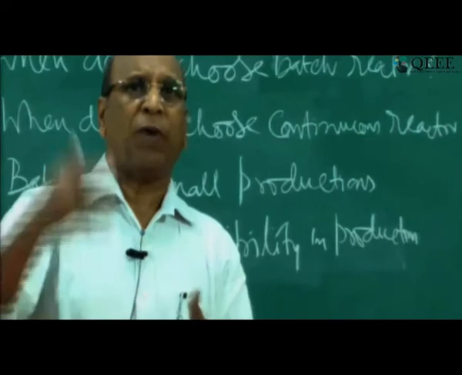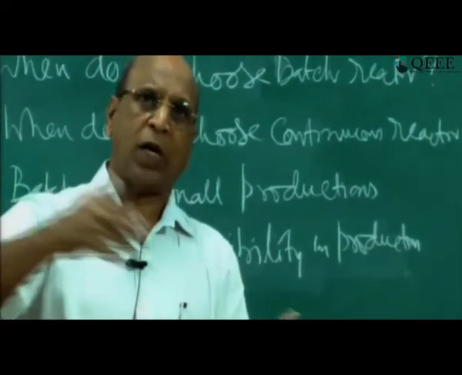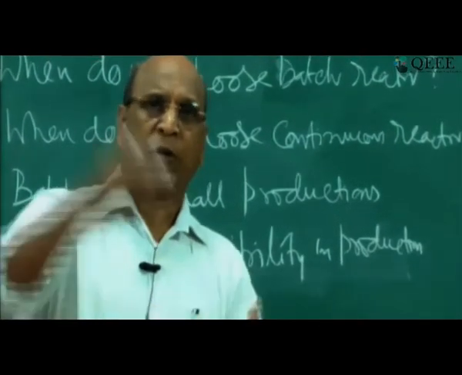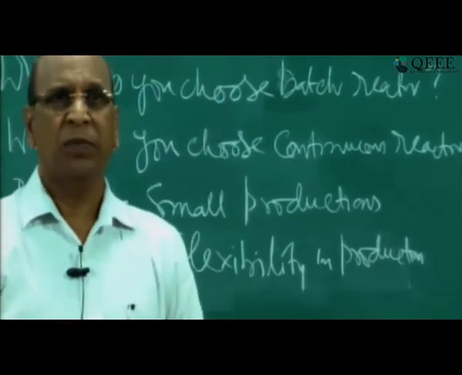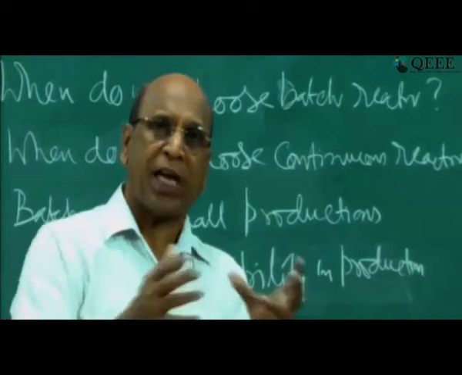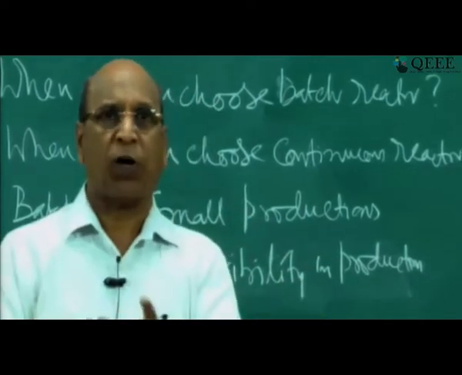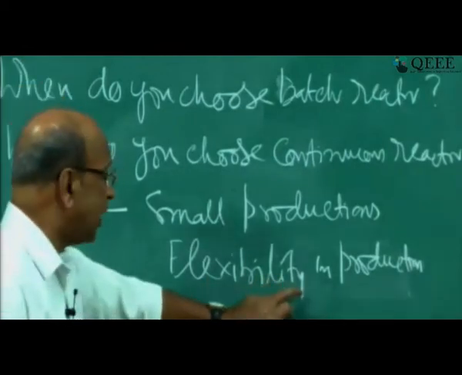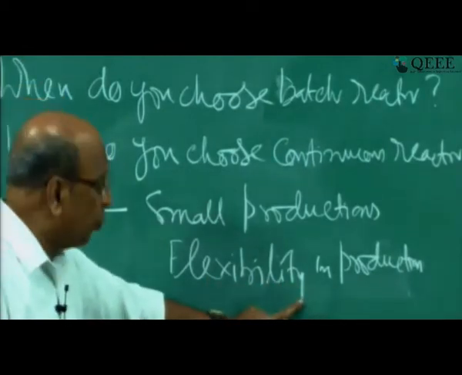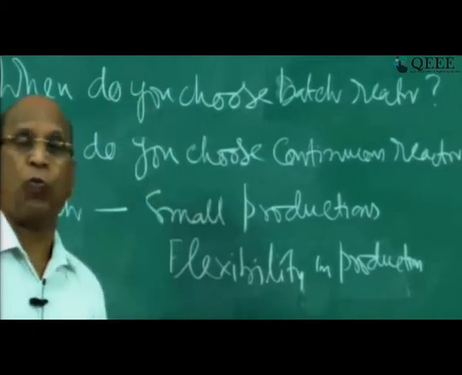Tomorrow maybe fever is increasing in the country, so then you can use the same reactor for fever drugs. Or the day after tomorrow it may be cold. So that flexibility to change from one product to another is there in a batch system. That is why, if you require flexibility in production, the best thing is to go for a batch system.